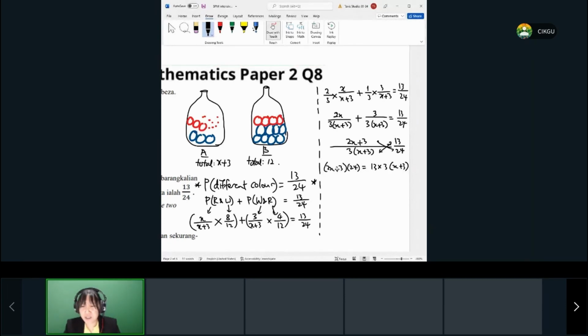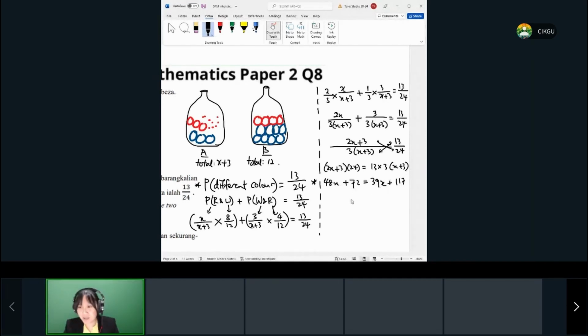This one is just algebra. So 48x plus 72. This one is 13 times 3, 39, so 39x plus 39 times 3, which is 117.